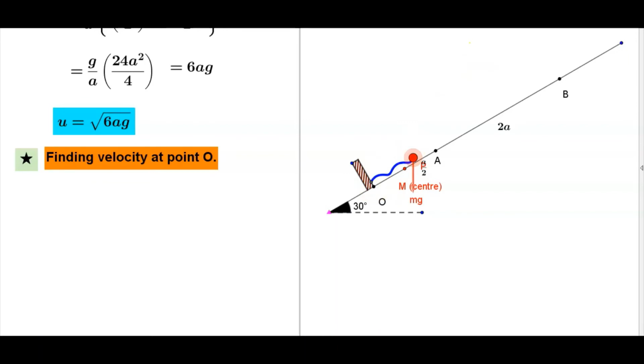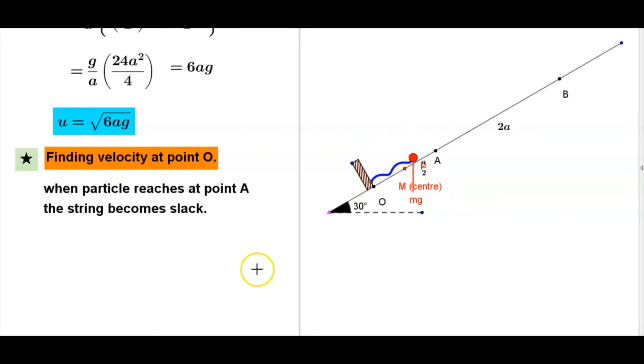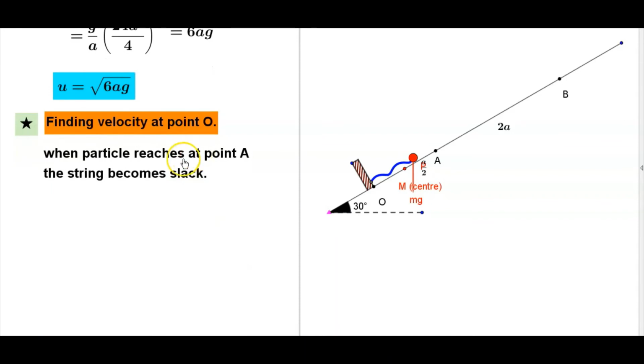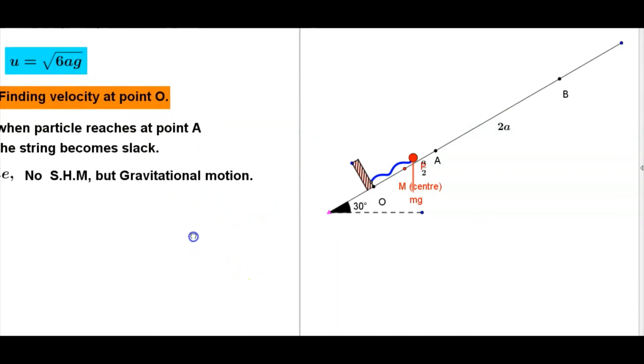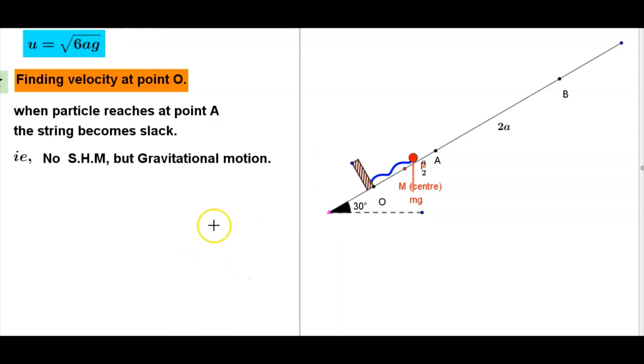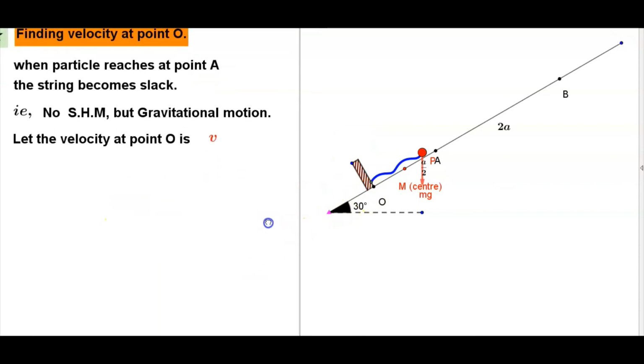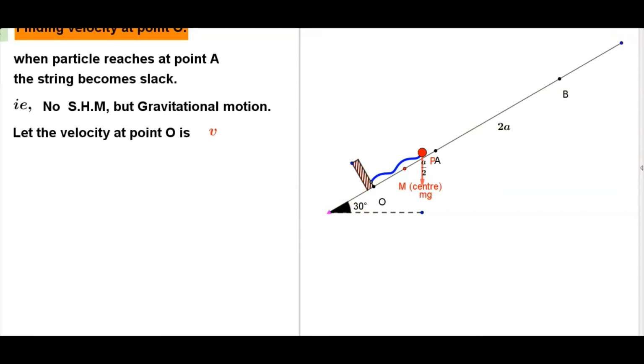What is the formula we can use? When the particle reaches point A, the string becomes slack. Therefore, no simple harmonic motion but gravitational motion. Let the velocity at point O be v. I put a separate diagram here.